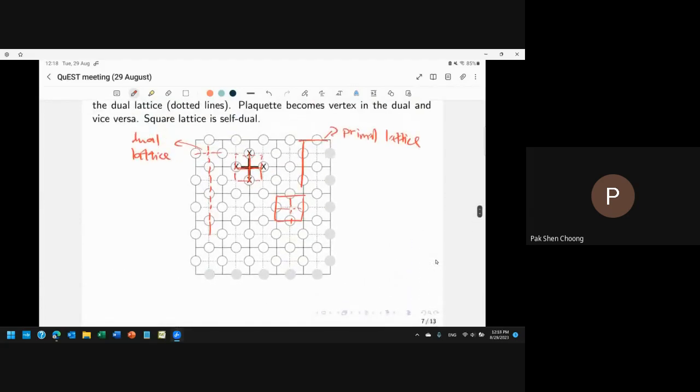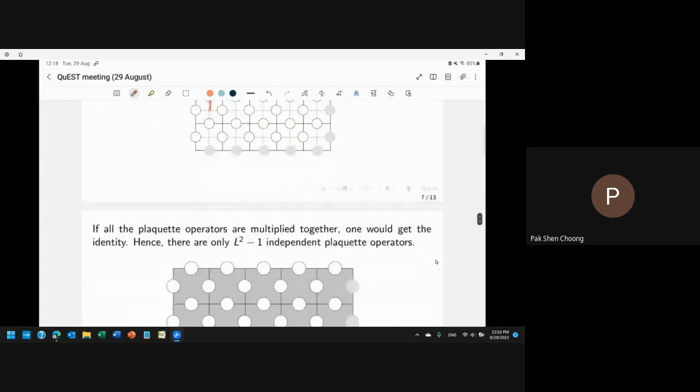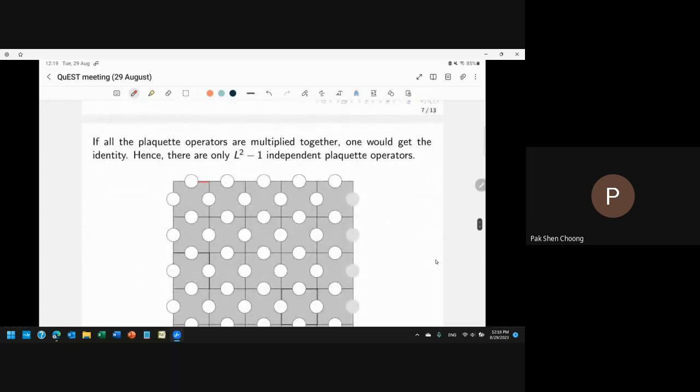So now, if this is a plaquette, it's Z, Z, Z, Z, right? If I have another plaquette multiplied with the first one, what will happen? At this edge, because it's Z times Z, this disappeared.